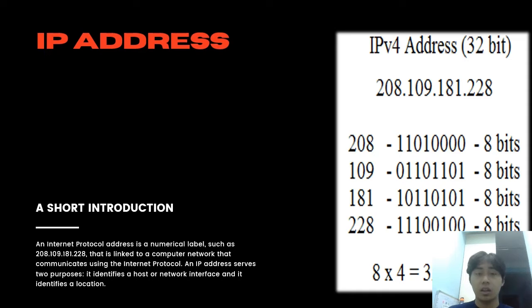As you can see in this picture, IPv4 addresses consist of 32 bits. Each of these numbers contains 8 bits, so there are 4 of them, and if we add all of them it will equal 32 bits.